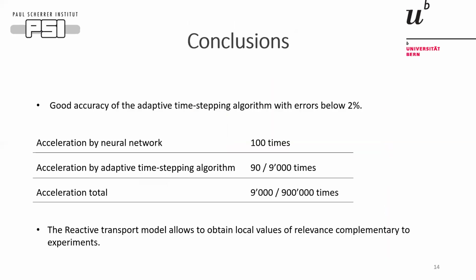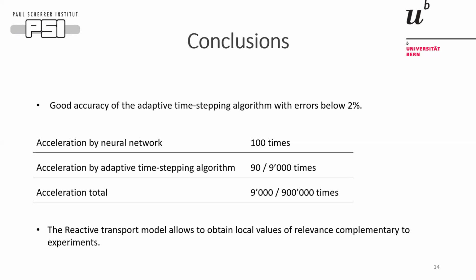Now, to conclude, I trained and tested a neural network for the CSH precipitation in a claystone and programmed and tested the novel adaptive time-stepping algorithm, which has a good accuracy with errors below 2% and accelerations by 90 to 9,000 times, depending on the chemical conditions.